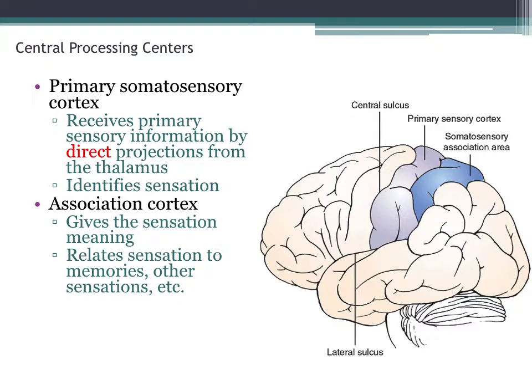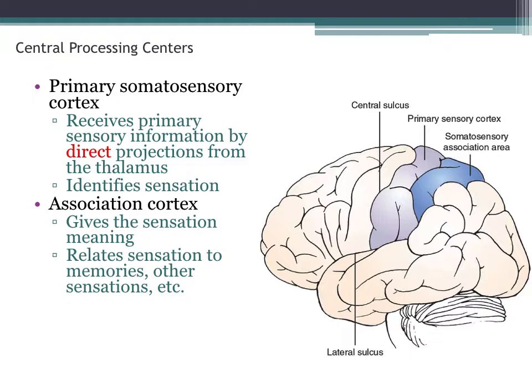So we've talked about everything going up to the brain, so now let's talk about where these sensations are processed in the brain. The primary somatosensory cortex receives the primary sensory information by direct projections from the thalamus. And it is able to actually identify the sensation.